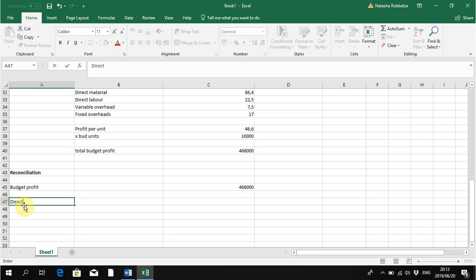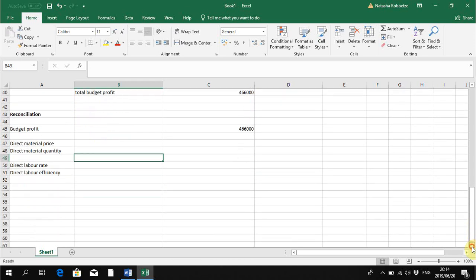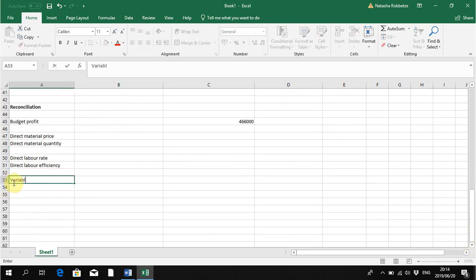So the variances that we're going to calculate from support calc number 1 is direct material rate, direct material, or rather they call it price, I beg your pardon, direct material quantity, then there is direct labor rate, direct labor efficiency, we have variable overhead rate, variable overhead efficiency.